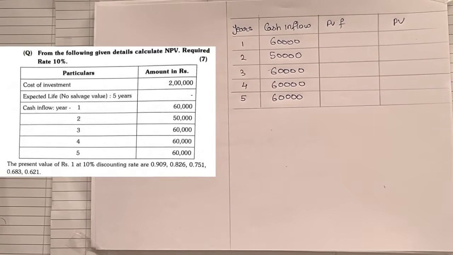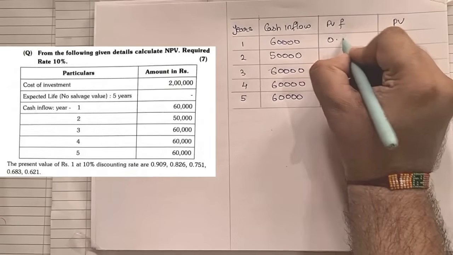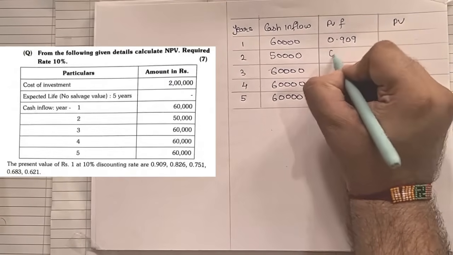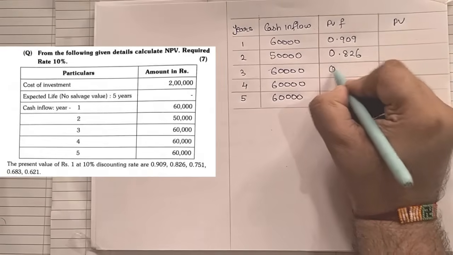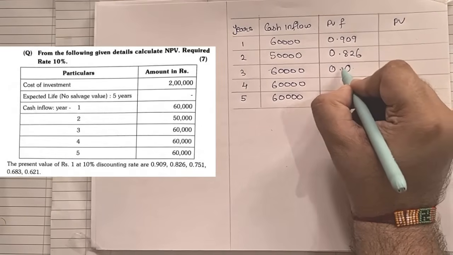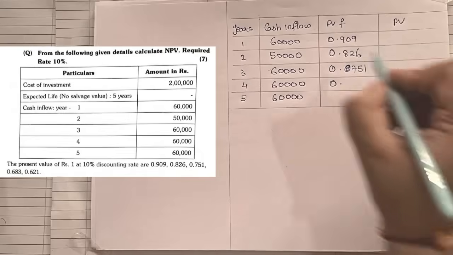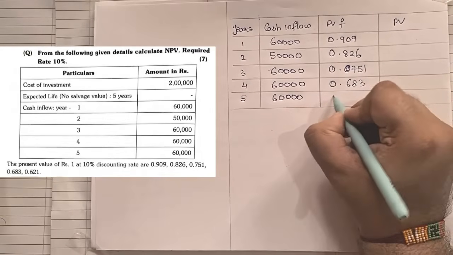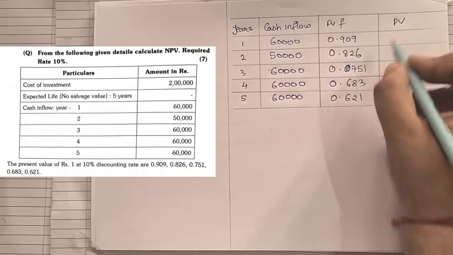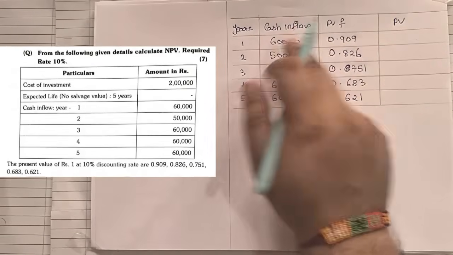In PV factor, we will write what they have given us: 0.909, 0.826, 0.751, 0.683, and 0.621.